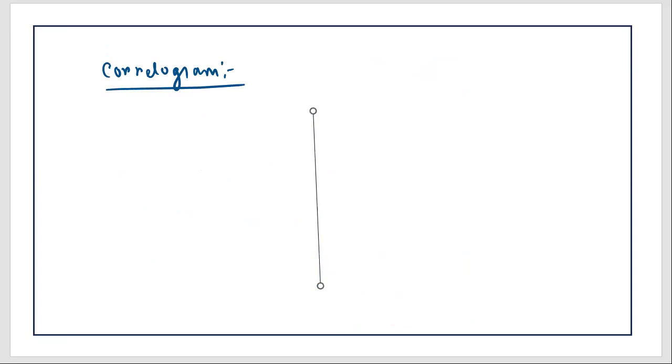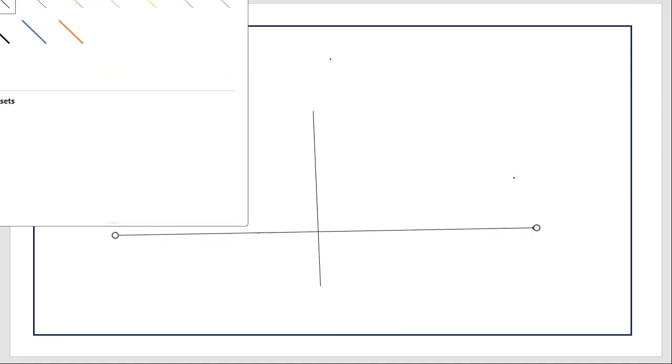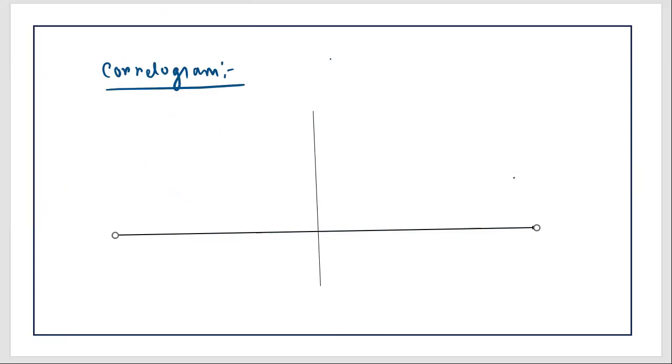This is a line, and then this is another line, and you have this line here.